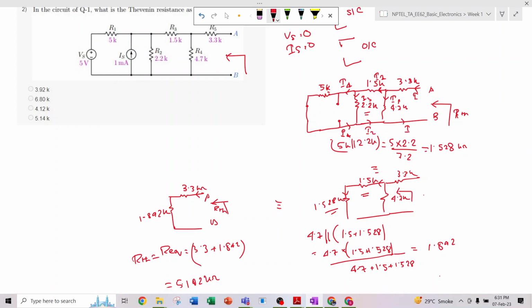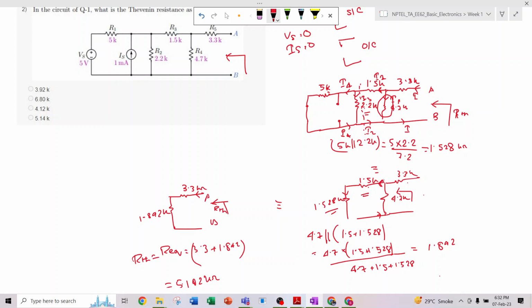So basically this resistance is in parallel with the rest of the circuit, and similarly this resistance is parallel with this resistance. At first we found the resistance till this position, that is 5k parallel with 2.2k, which is 1.528, and the rest of the circuit remains the same, so 1.5 and 4.7 and 3.3k. Because here the current divides and here the current joins again, this 4.7k is in parallel with these two resistances.